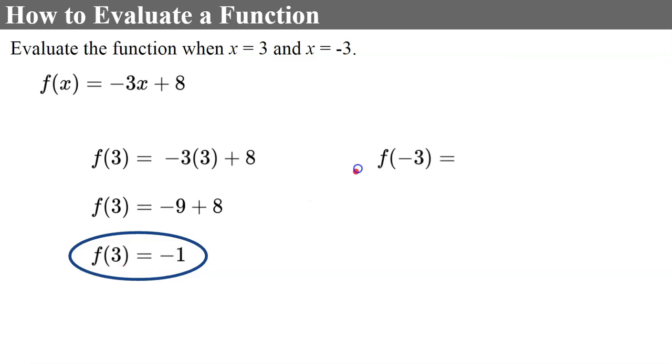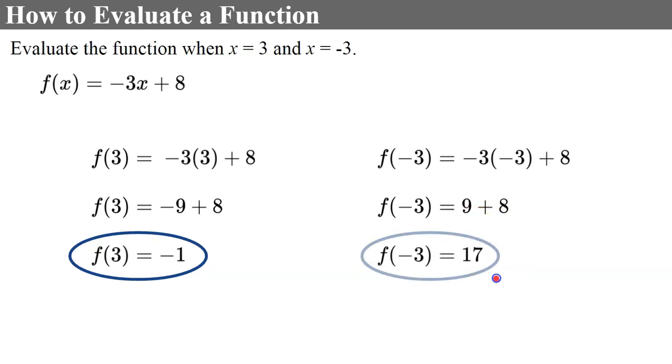Let's try the second. Now, when we input -3 into our function, we're going to replace x with -3. So -3 times -3 plus 8. -3 times -3 is +9. Add the 8. 9 plus 8 is 17. So now we can determine that the function with an input of -3 has an output of 17.